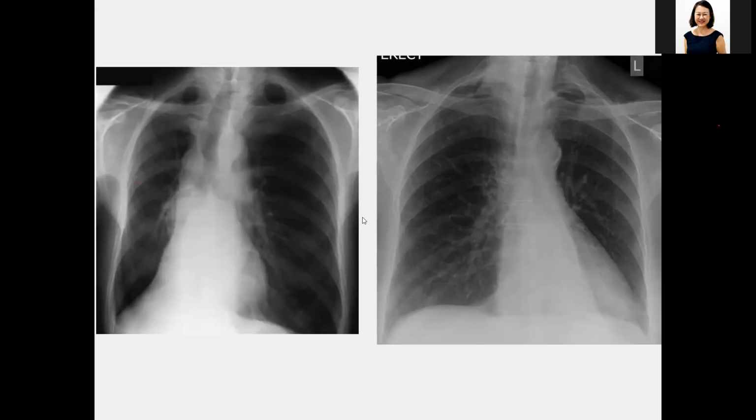Somebody said tension pneumothorax. Claire said that, Joni said that. Lee said right middle lobe collapse. Okay, so we have more and more saying right lower lobe collapse. Yes, my questions are very easy. We are always pairing right and left.